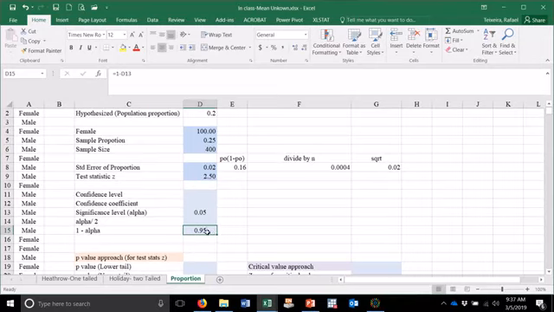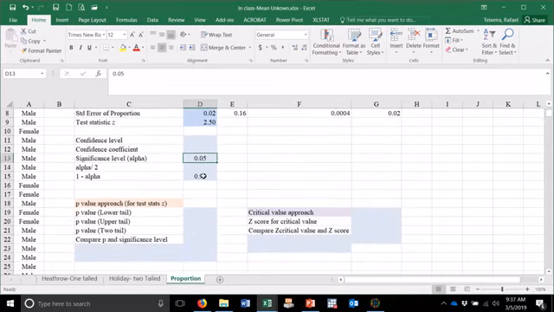Okay, so this is the reason I'm doing that, because this is an upper tail test. If it is a lower tail test, you simply use this number. Okay, all right, so I'm doing this because I have to come up with the z critical to test the hypothesis. So this is what I'm going to do next, is come up with the critical z.